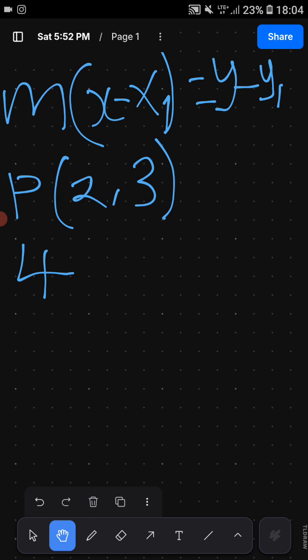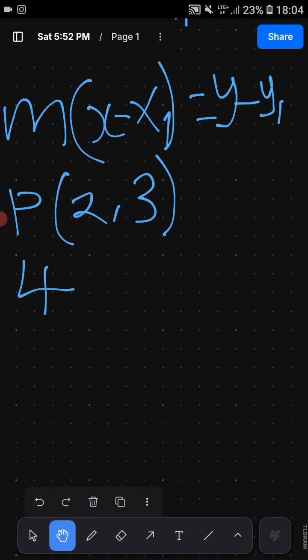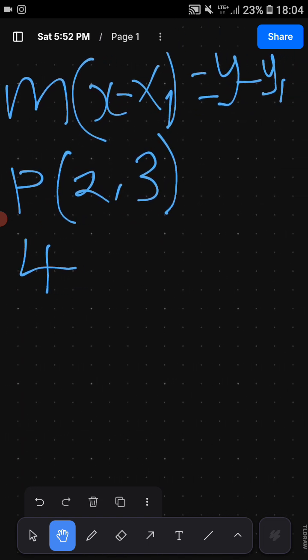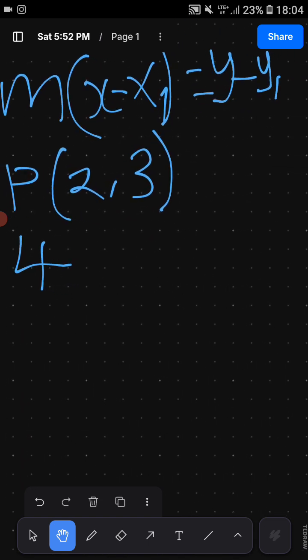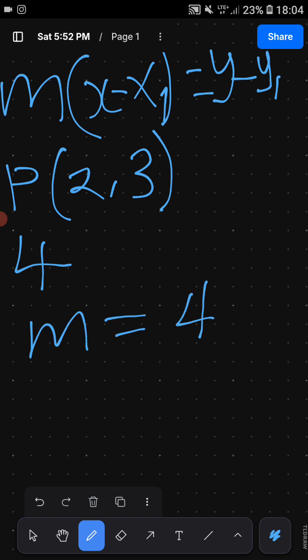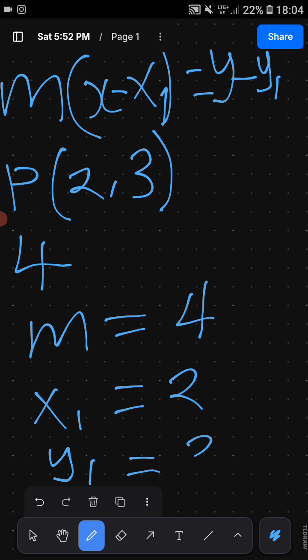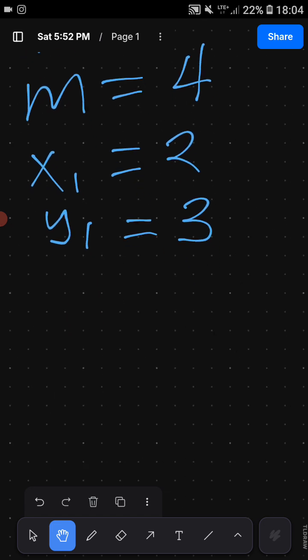We plug into the formula: m is 4, x1 equals 2, y1 equals 3.